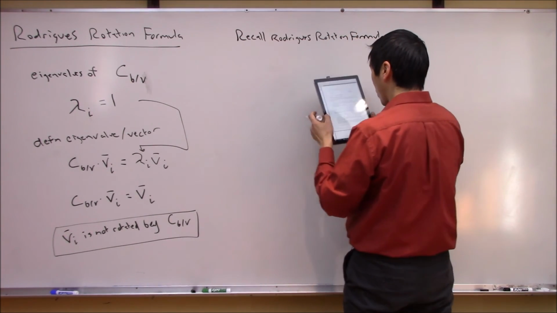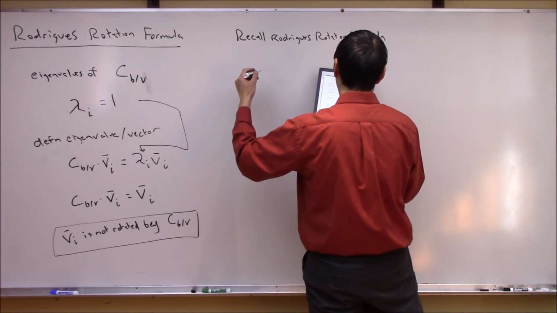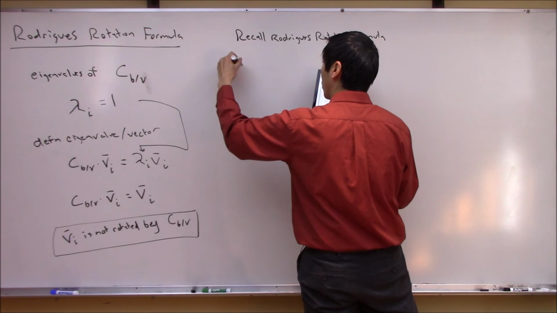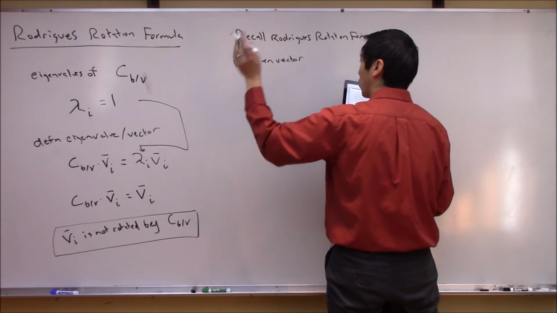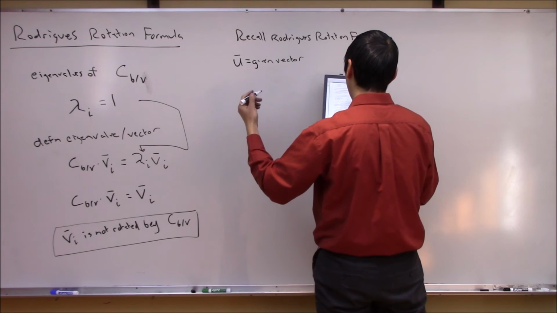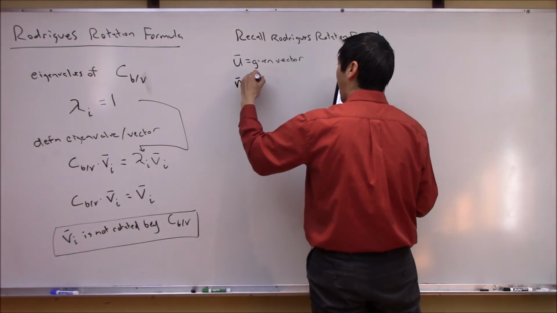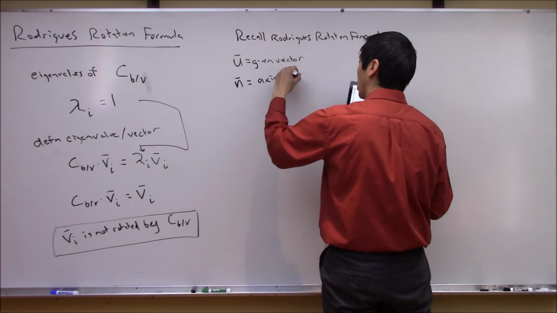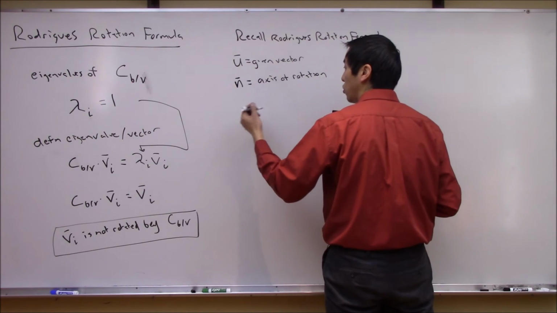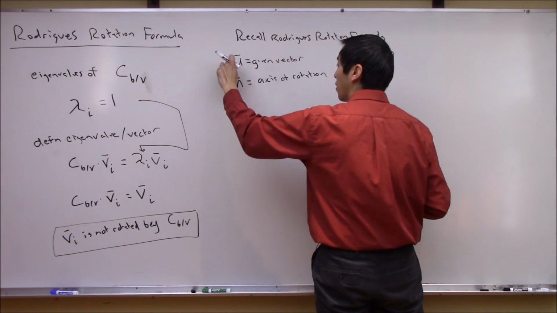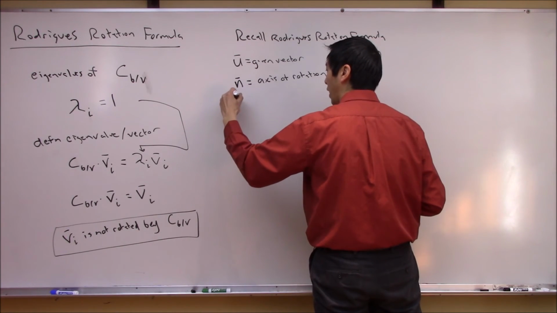If you remember, Rodrigues' rotation formula said that if you had a given vector u, which could be any vector in space, and some axis of rotation n, you wanted to rotate this vector u about n through an angle mu.